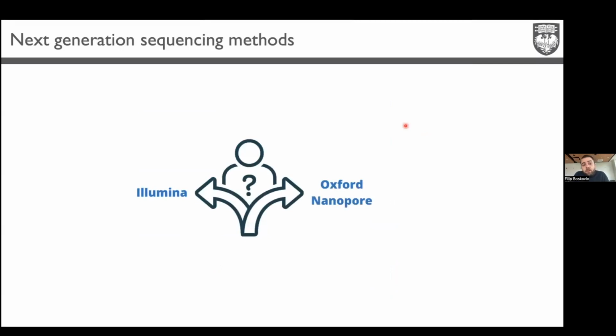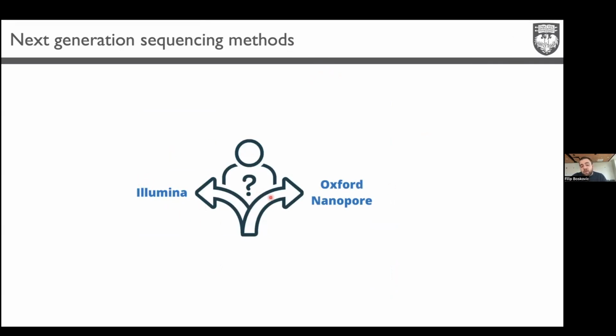But just for your overview, there are these 100 possible techniques, and people ask which one we should use and why. One of the techniques most commonly used for sequencing today is called Illumina, or Illumina next generation sequencing.